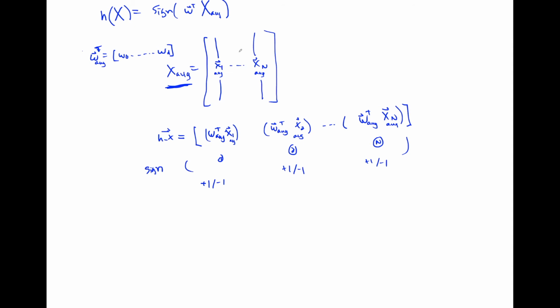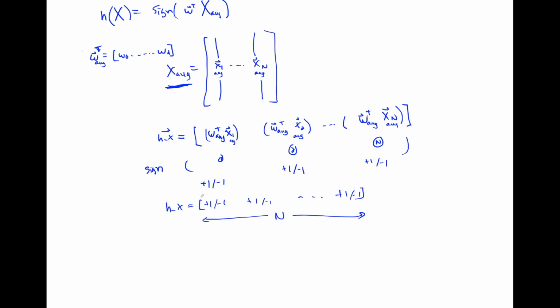So now that we do this, we're going to get a vector, and we call that vector Hx. And this vector, let's assume it's either +1 or -1, +1 or -1, dot dot dot, +1 or -1. And this H of X is going to have n many entries, where n is the data set size.